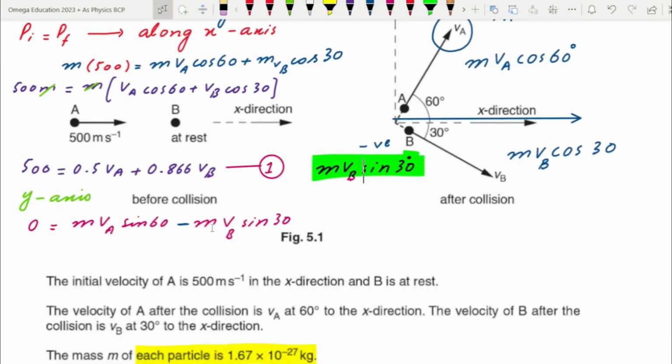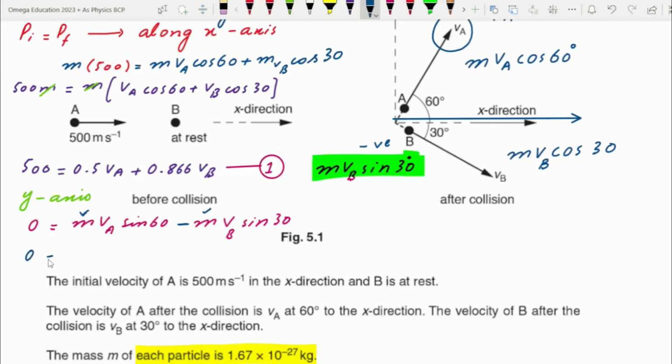So you can rearrange it. You take m common from these two terms and you divide it on the other side. 0 divided by m, you'll be left with 0.